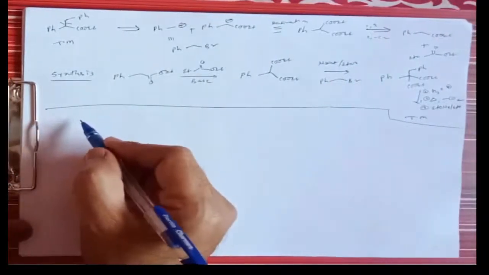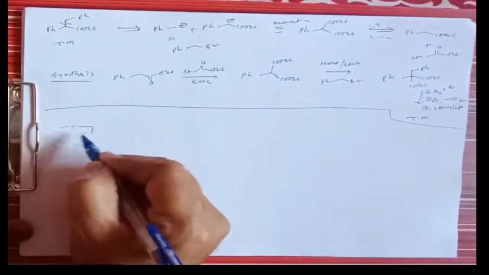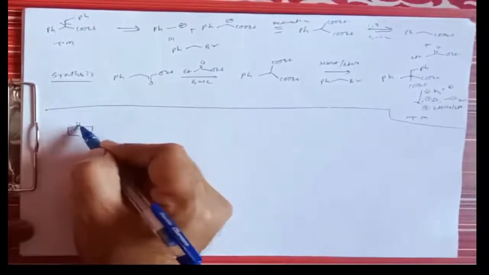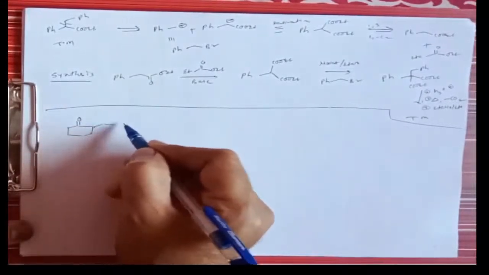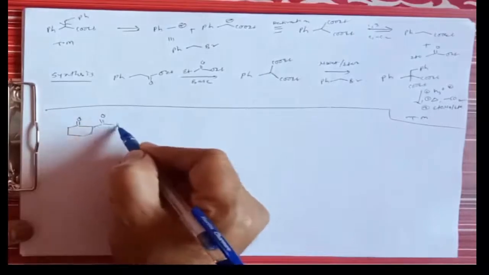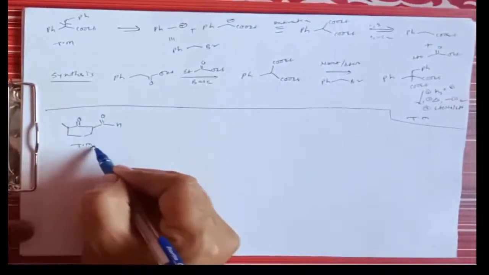Let us take another target molecule. It contains a cyclic ring, and in that cyclic ring there is a 1,3 dicarbonyl pattern, and here is a methyl substitution. So this is again one target molecule.